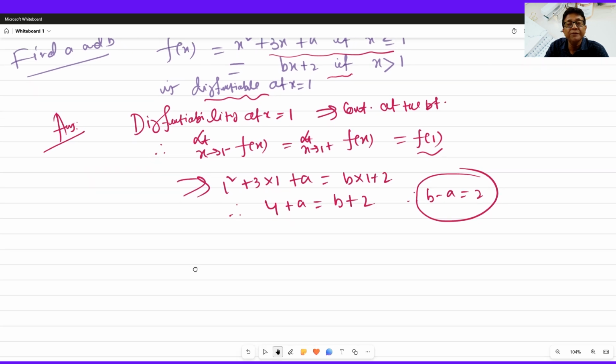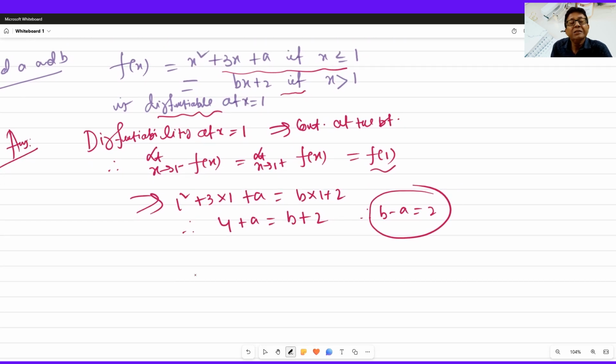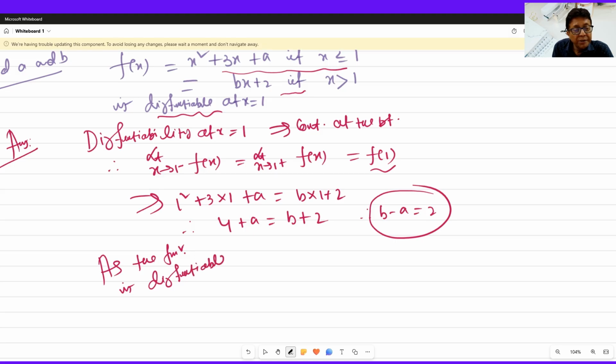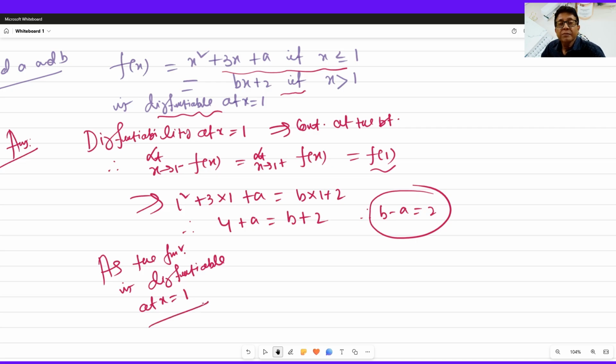Let us go for using differentiability now. As the function is differentiable at x equal to 1, this sum you can do by the method L f dash 1 is equal to R f dash 1. Left hand limit at x equal to 1 equals right hand limit at x equal to 1.